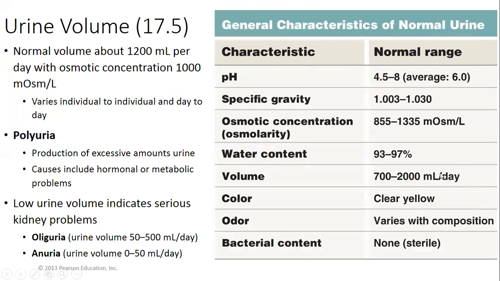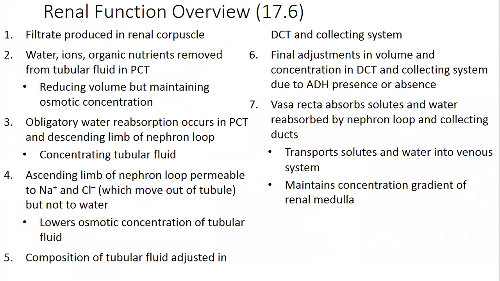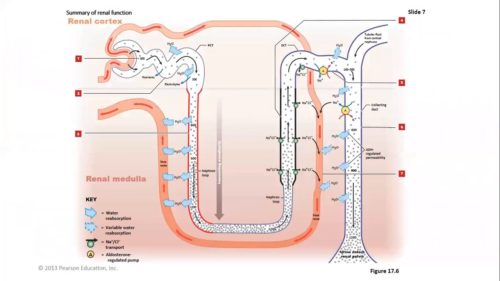But normal urine is a clearish to a yellow color. If it's really, really dark, you may be dehydrated. That can vary quite a bit depending on your hydration status and the amount of salt that you eat every day. It depends a lot on your diet and what you've been consuming. So this is just an overview slide of renal function and some really important key points that can be helpful in studying.